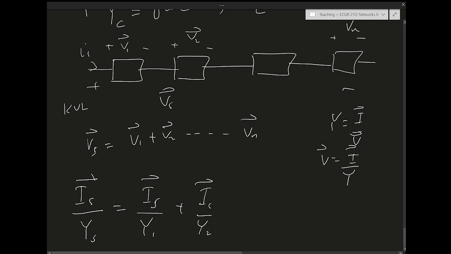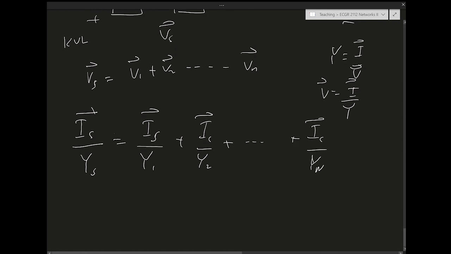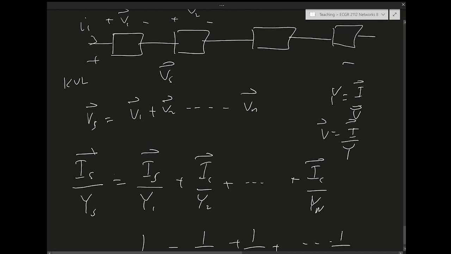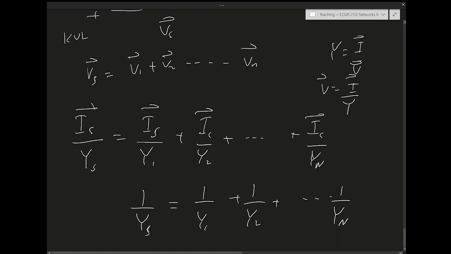This is the voltage across each element, plus I_S over Yn. So we end up with this formula for admittance. 1 over Y_S, or 1 over Y total, equals 1 over Y1 plus 1 over Y2 all the way to 1 over Yn. So the relationship is inverse to that of impedance. In impedance, the series connection is just a summing up of the impedances.